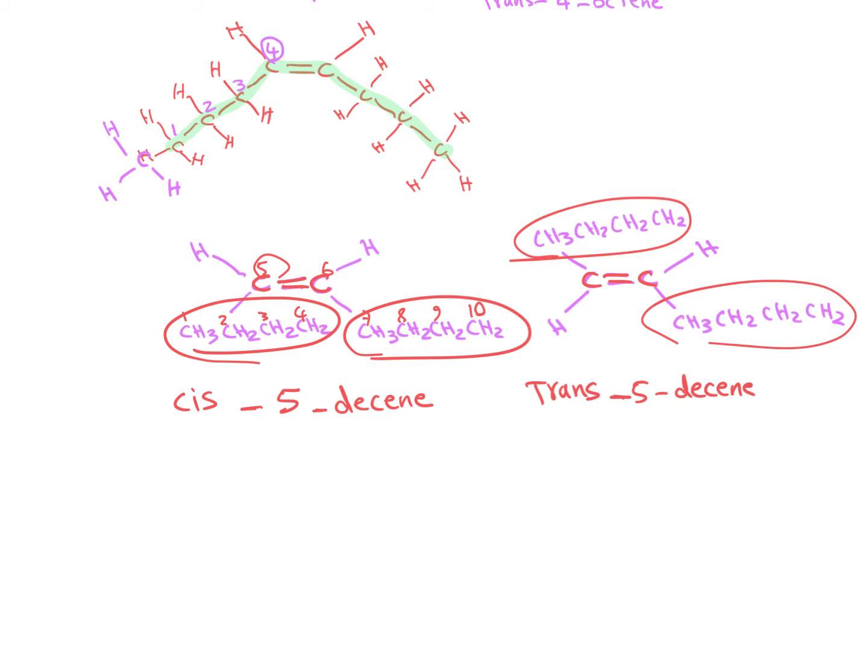Okay, and it also says explain why these compounds exist as cis and trans isomers. What type of isomers are these compounds? As we said, these cis and trans isomers are not interconvertible by rotation around the double bond, and as a result they are configurational isomers.